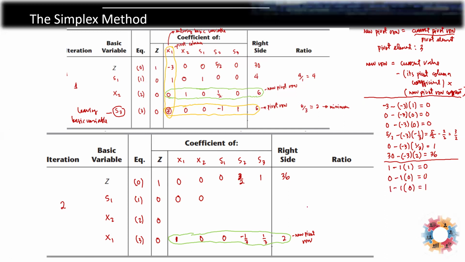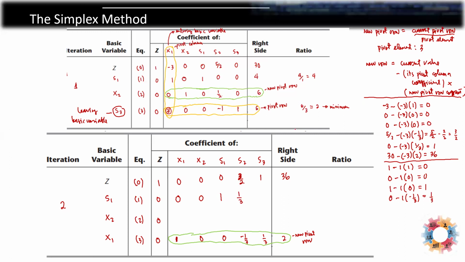So that's equal to 1. And then next is 0. 0 minus 1 times the new pivot row coefficient is negative 1/3. Okay, which is equal to 1/3.